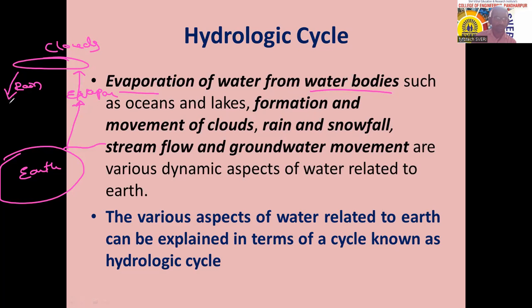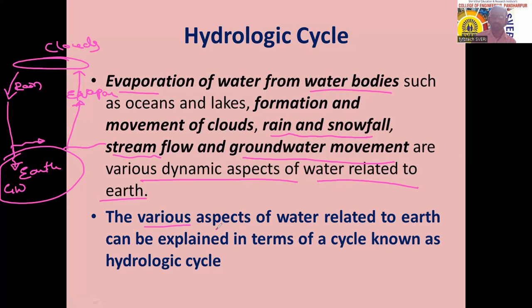Whatever rain occurs on the surface of the earth, some amount of water flows, and some amount of the water reaches the groundwater. So after rain and snowfall, the stream flow, meaning water which is flowing, and groundwater movement are various dynamic aspects of water related to the earth.